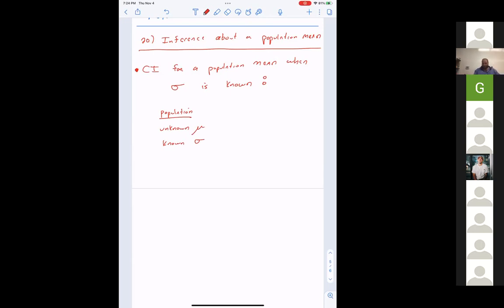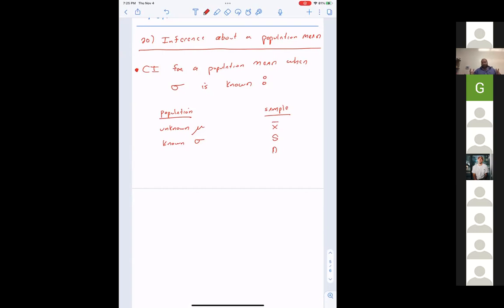Somehow they know it. And then you have a sample, and the sample has an X bar and an S. It has a sample average and a sample standard deviation, and of course the sample size n. And we would like to use what we got from our sample to come up with an interval for the unknown mu.